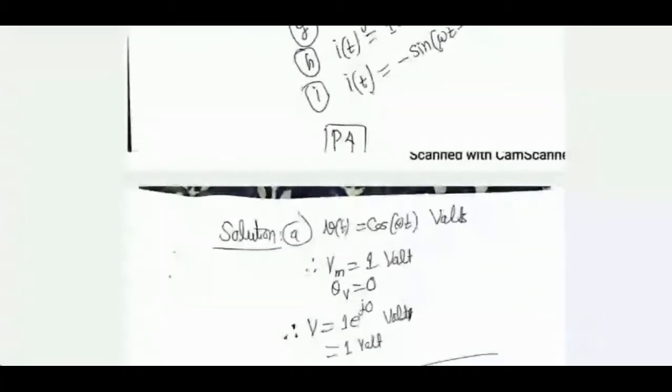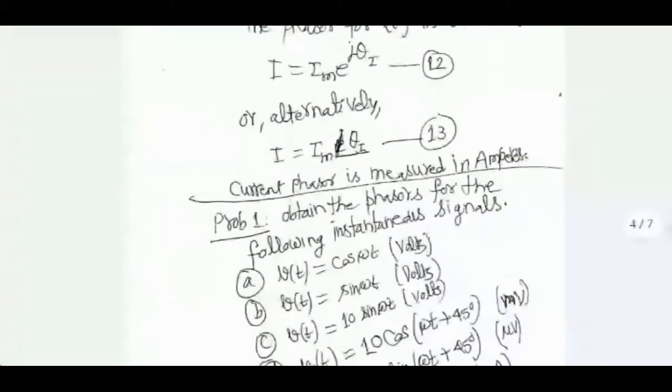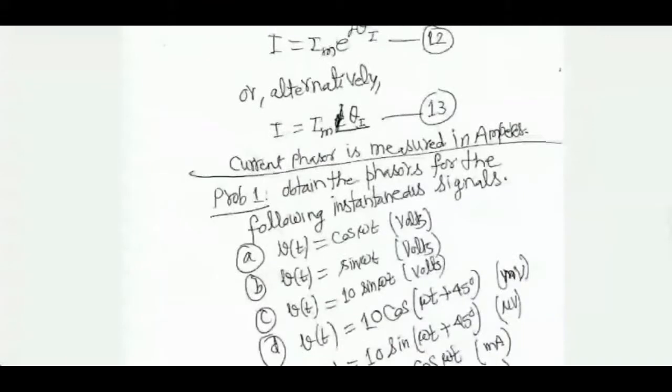E to the power j0 is 1 anyway. So part A is quite simple. Part B, slightly more interesting. Now the function is sine omega t, not cos omega t. So the magnitude is still 1, but now you have to fit sine omega t into the standard cos of omega t plus theta v type of representation.